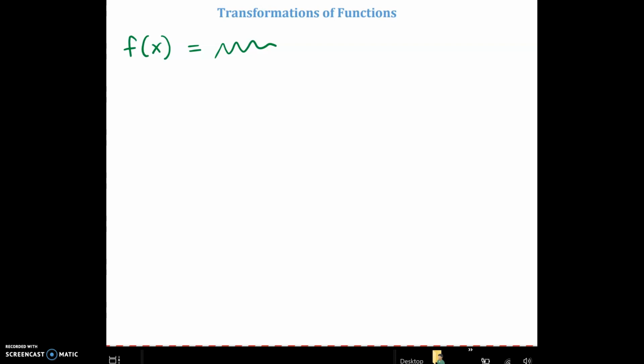we need to shift that around a little bit. So we're going to define a new function called g of x that equals f of x plus some value, let's call it k. And k is a constant.